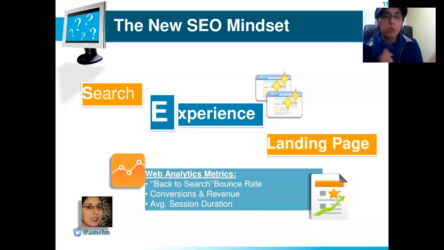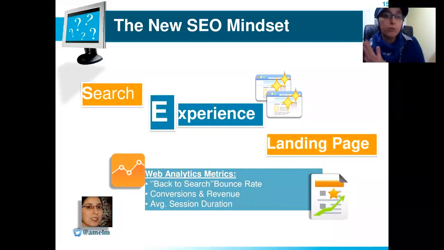The back to search bounce rate is really an important metric that not a lot of marketers think about. What it means is when somebody goes online and searches for a keyword, key phrase or key term, and then they find you, click, and land on your landing page.